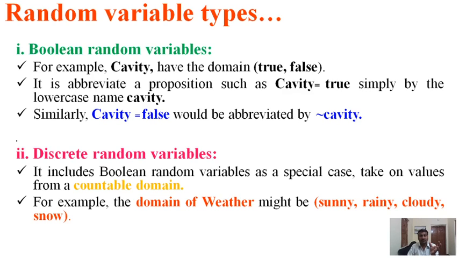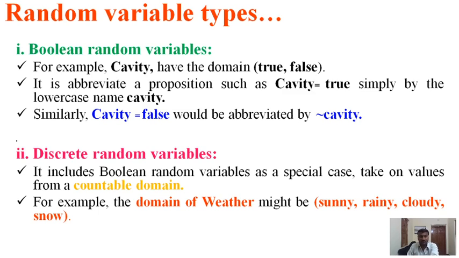So Boolean random variables mean true or false. Discrete random variables mean we must keep in mind countable domains. In the domain, the values must be countable. For that we have taken the domain as weather, which has only four countable values: the climate may be sunny, rainy, cloudy or snow.